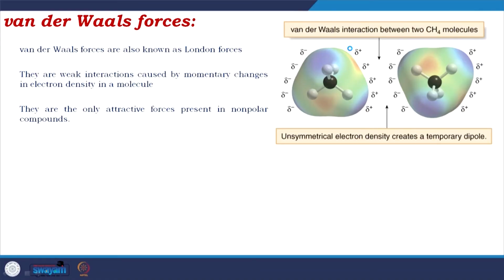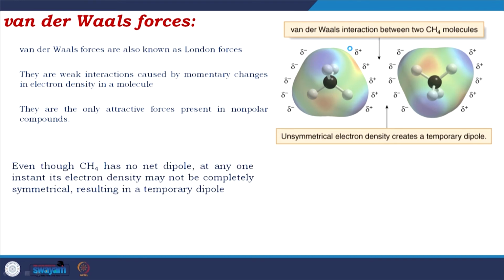They are the only attractive forces present in non-polar compounds. As an example, even though methane has no net dipole at any one instant, its electron density may not be completely symmetrical, resulting in a temporary dipole.